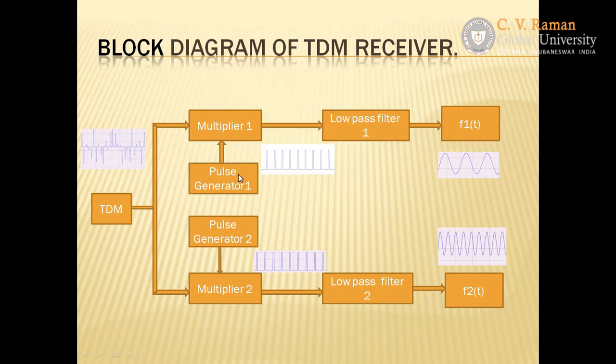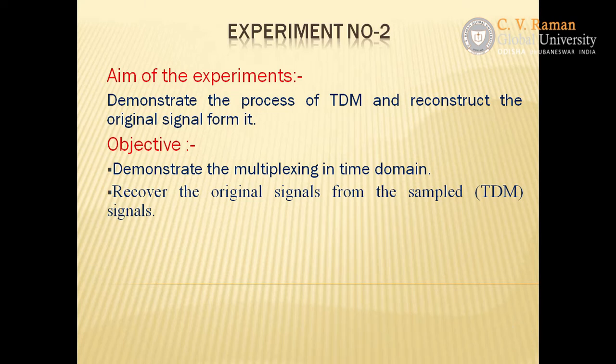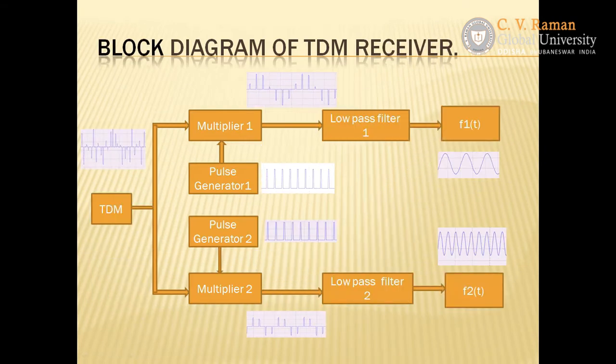And what are these trains of pulses 1 and 2? These are the same trains of pulses that are being used in time division multiplexing to generate the samples. Now if you see, I now got back sample 1 and sample 2 from the TDM signal.